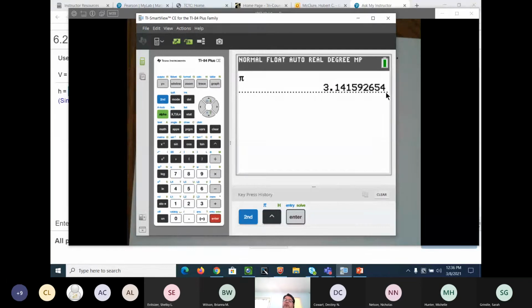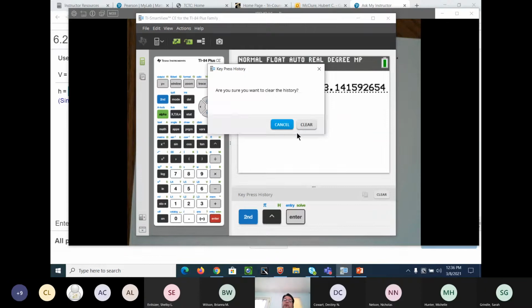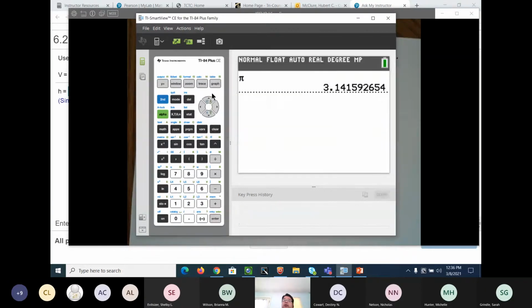Okay, so to make a long story short, you're either going to use the whole number or you're going to use what the directions tell you, 3.14. Since the directions tell us 3.14, we're not going to use this right here, so I'm going to clear it because we don't need that.